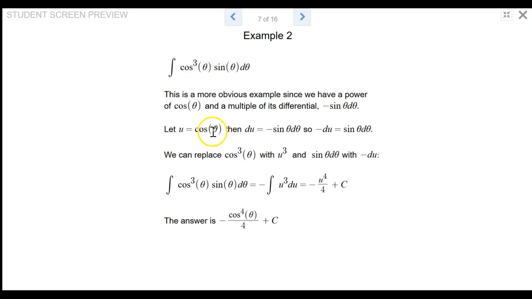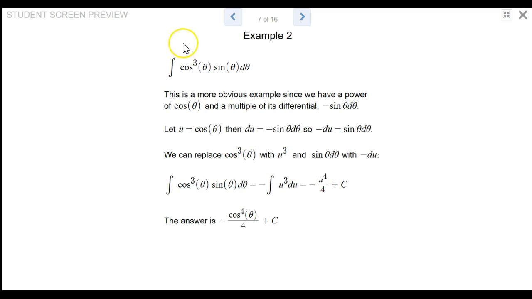Then I need to find the differential. du equals the derivative of cosine theta, d theta. So I can solve for this sine theta d theta factor by just replacing it with minus du.